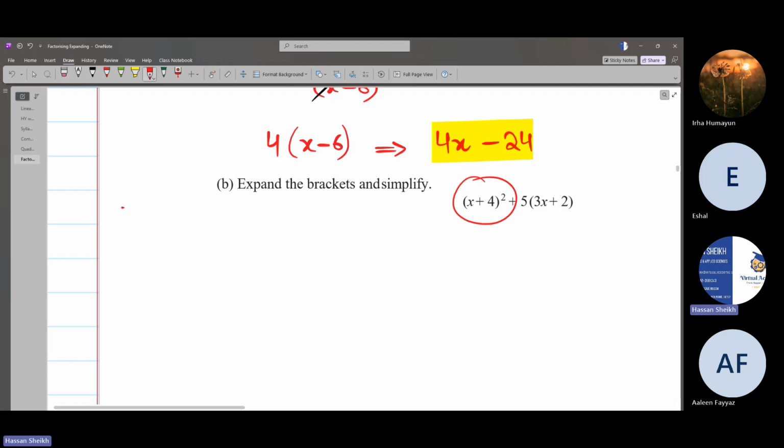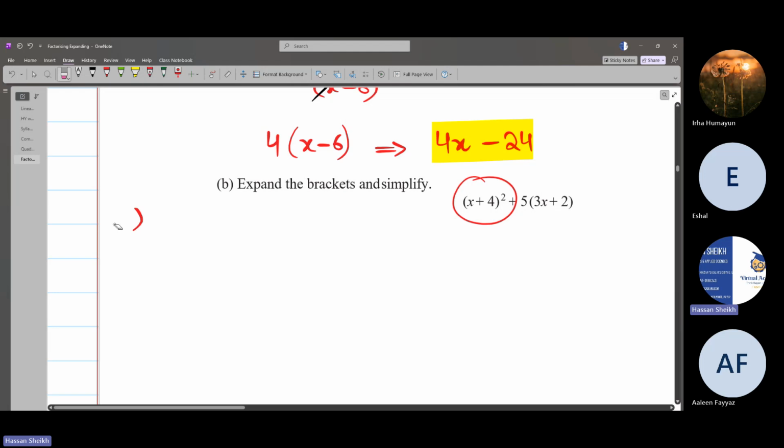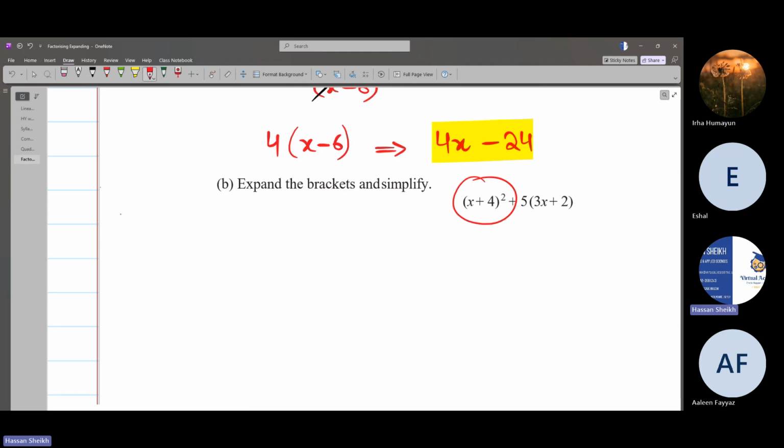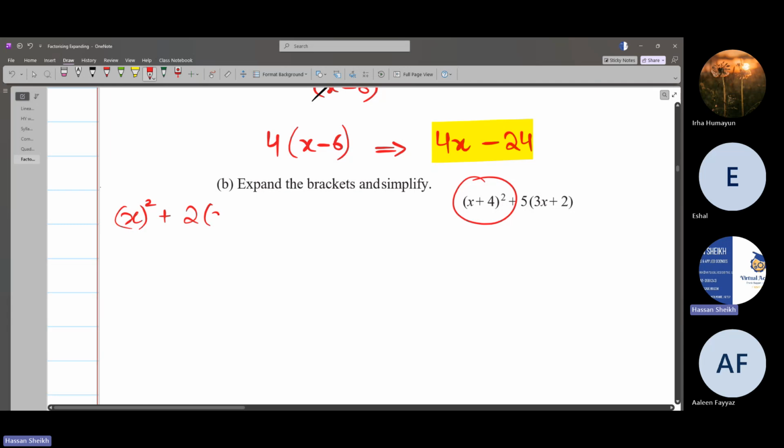A square, so a is x, so x square. Let me just decrease the thickness of the pen here. So a square plus 2ab is 4, plus b square. This is the correct expansion.